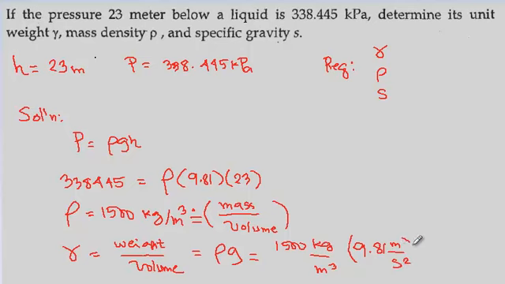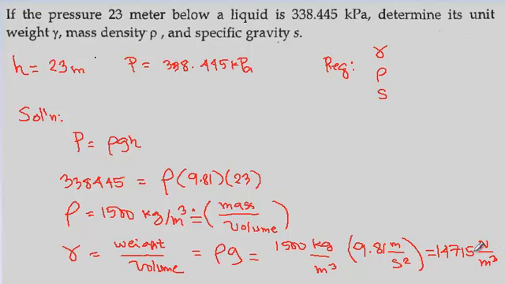Kilogram meter per second squared is simply Newton, or the weight, so the unit is Newton per cubic meter. The answer will simply be 14,715 Newton per cubic meter.